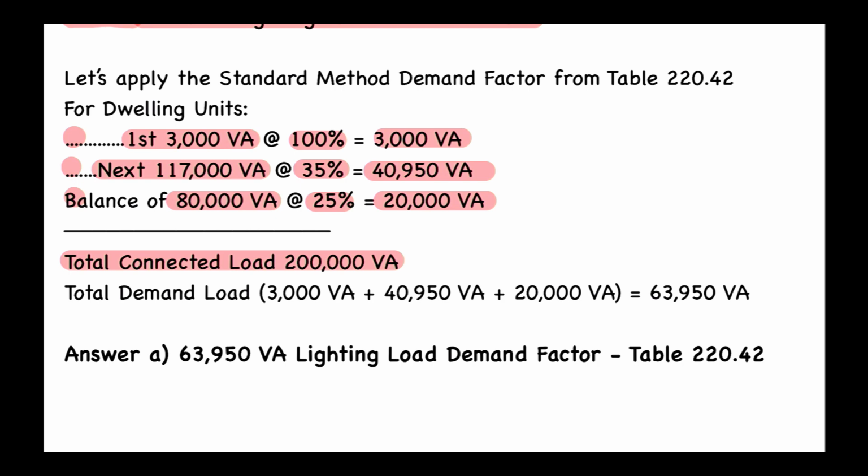The total demand load is 3,000 VA plus 40,950 VA plus 20,000 VA, which is equal to 63,950 VA. The answer is A, 63,950 VA for the lighting load demand factor, from Table 220.42.